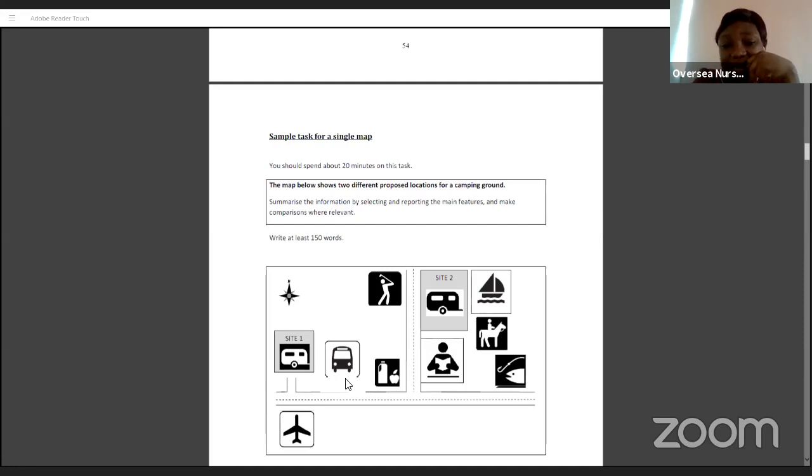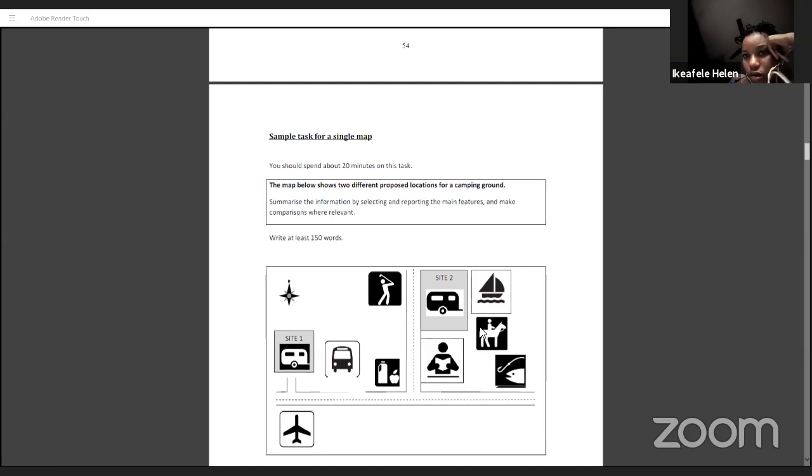Another overall statement I can say from here is that this is transport, right? Very close to site 1. We also have, across the road here, the airport close to site 1. While for site 2, very close to it is maybe boating, and this is horse riding, a recreation.